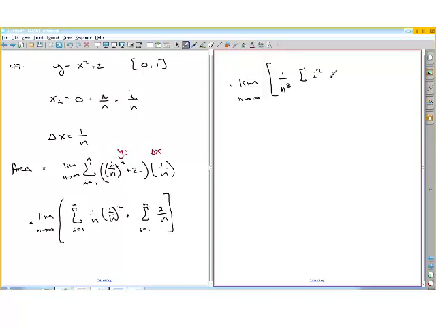That's the first one. The second one is 2 over n times the summation of 1 from i equals 1 to n. If you factor out 2 over n, you just have 1 left.